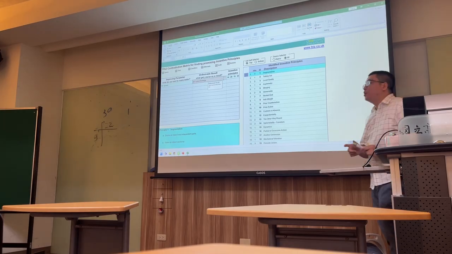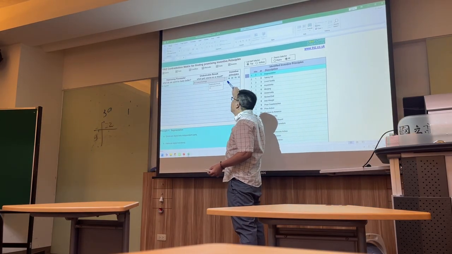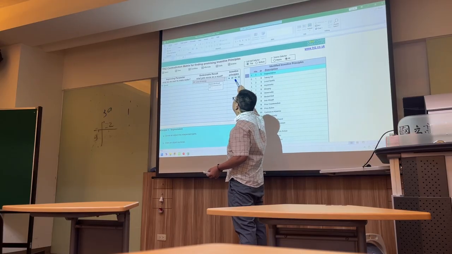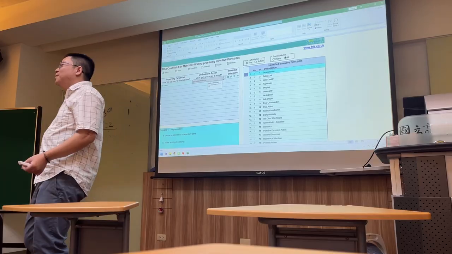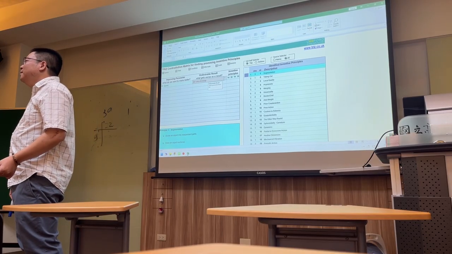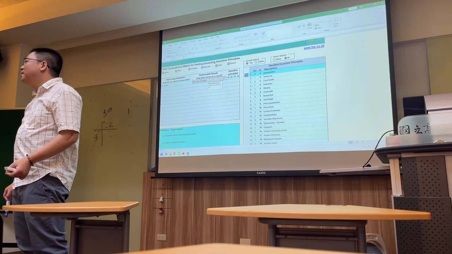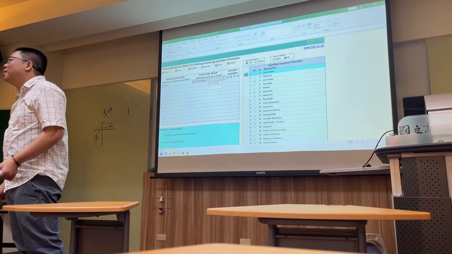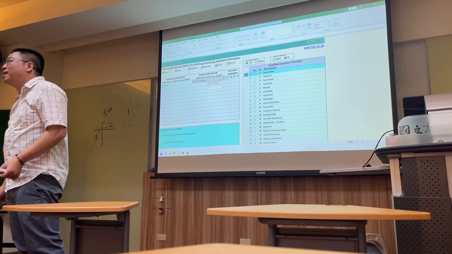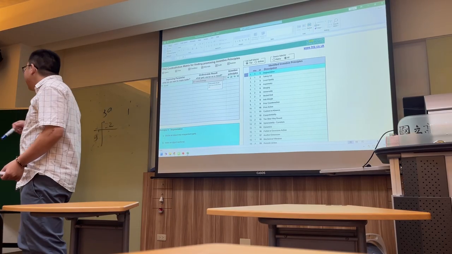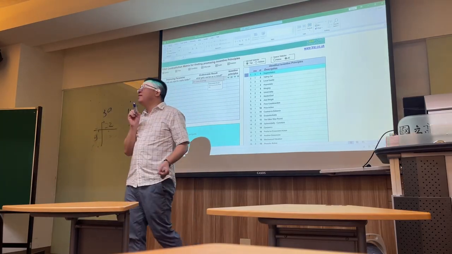So the solution will be four principles: 14, 20, 19, and 35. Understand? And then you will base on the general principle to find a specific solution.